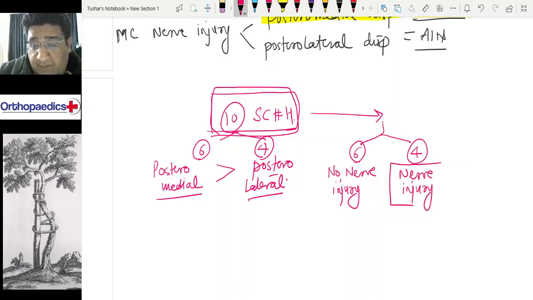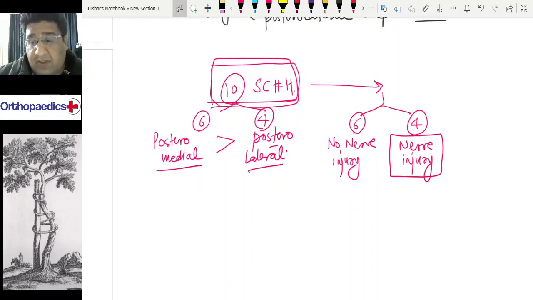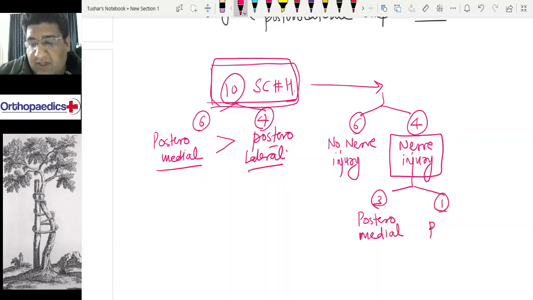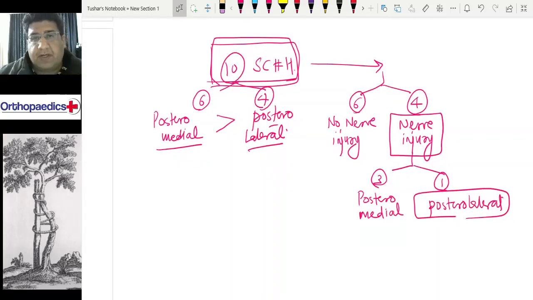Now those 4 which developed one or the other nerve injury, I could see that 3 were having posterolateral displacement and 1 was having posteromedial displacement. You understood my point? Just listen to me very carefully.